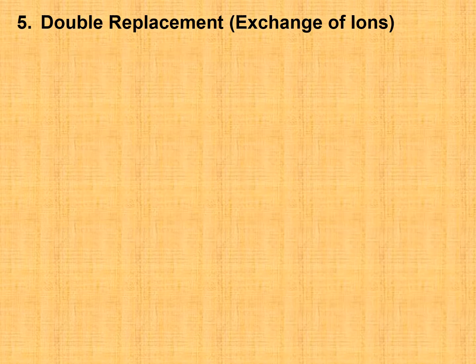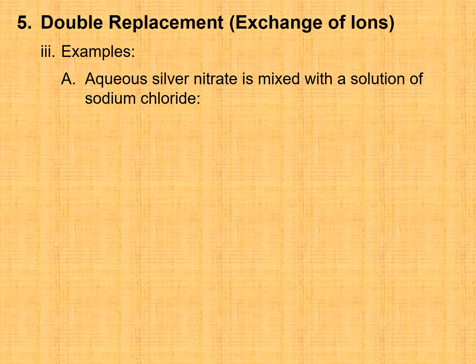Alright, so let's take a look at some examples of double replacement reactions and see if we can predict the products of the reaction if a reaction indeed takes place. In the first example, we'll consider what would happen if aqueous silver nitrate is mixed with a solution of sodium chloride. If a double replacement reaction were to take place, then there would be an exchange of ions. That is, the silver and sodium would change places.